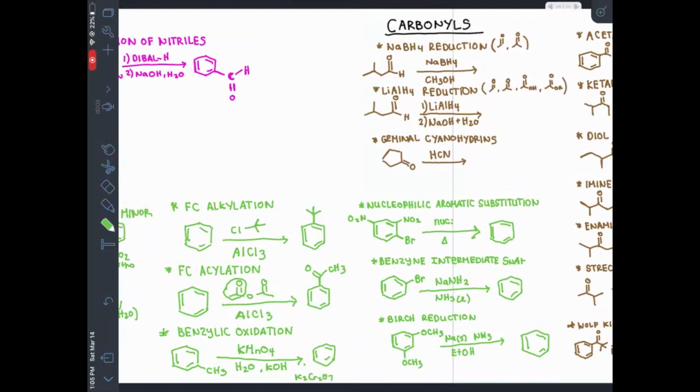Okay, and so under these conditions, we're going to take the benzylic CH3 or the benzylic carbon group, and we're going to replace it with carboxylic acid. Okay, and again, there are other criteria for this, but go ahead and review that from your notes.